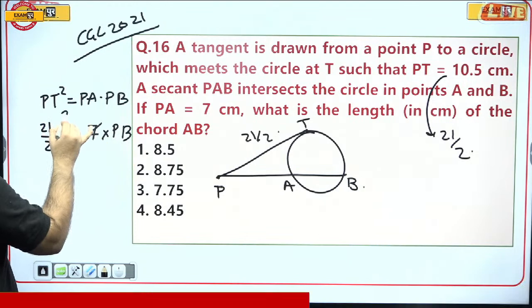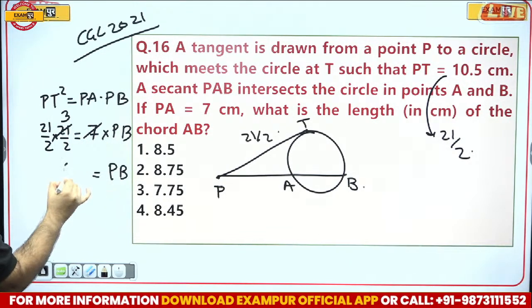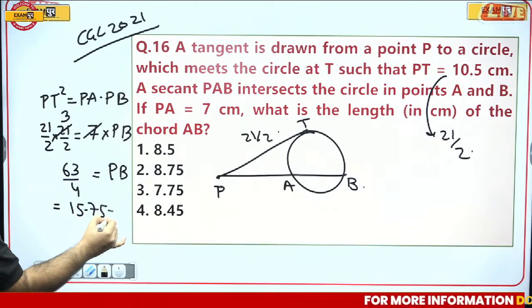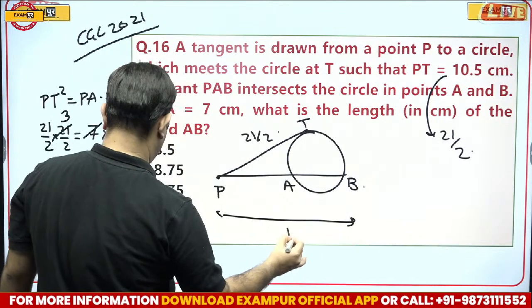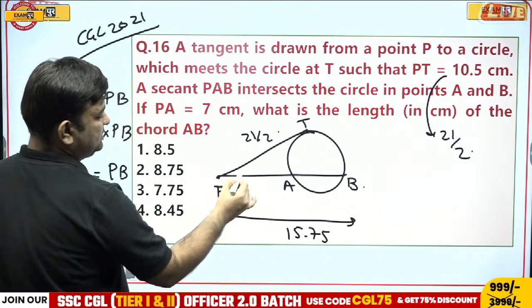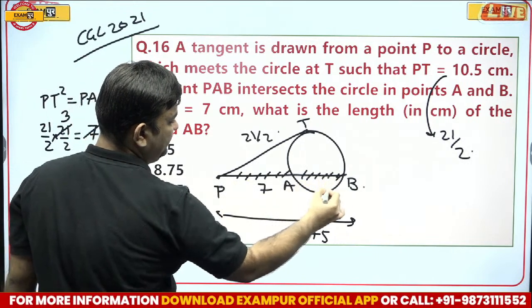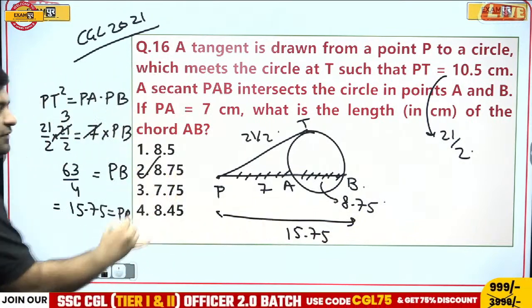PB is coming out to be 63 by 4, which is 15.75. Out of which PA is 7, so the remaining is 8.75.